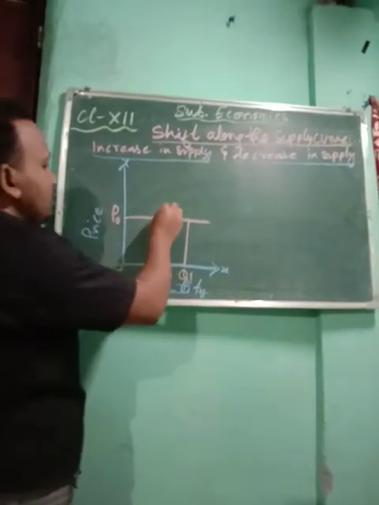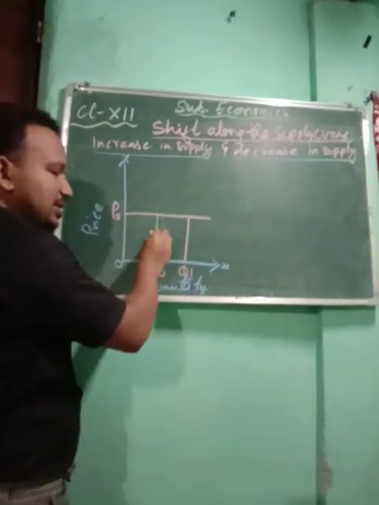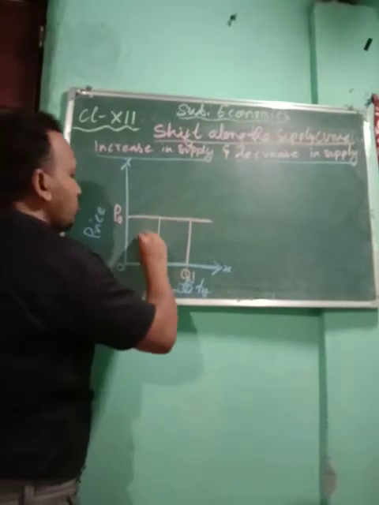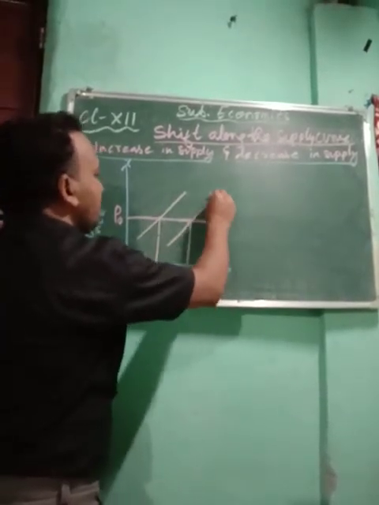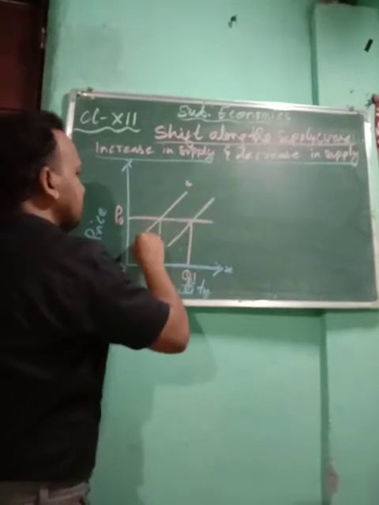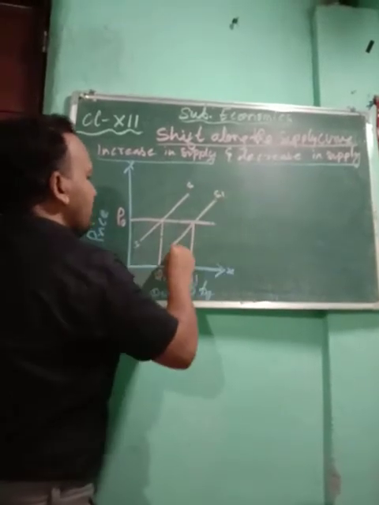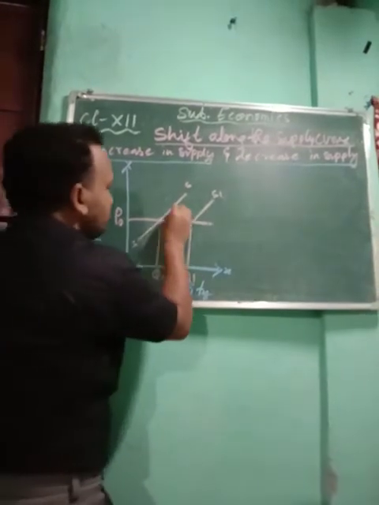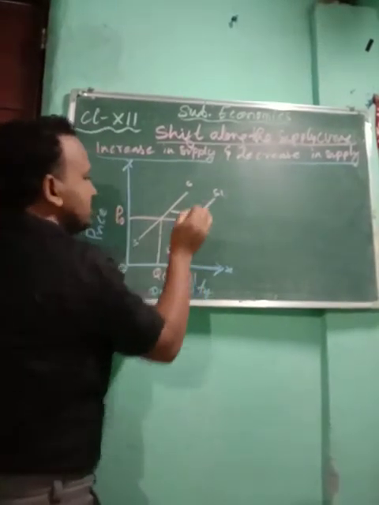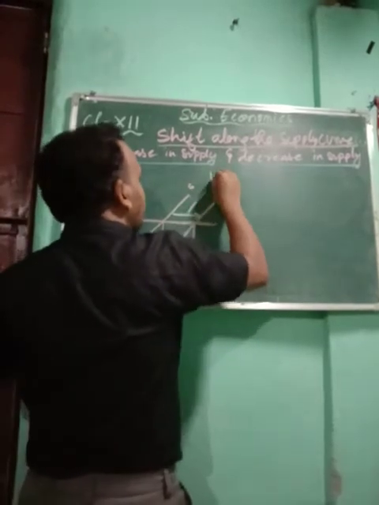So as this is your supply curve, you will draw an upward-sloping curve here. This is first, so you will write SS. This is second, so S1. Now it is an increase in supply, so you will show with this arrow that this is the increase in supply.